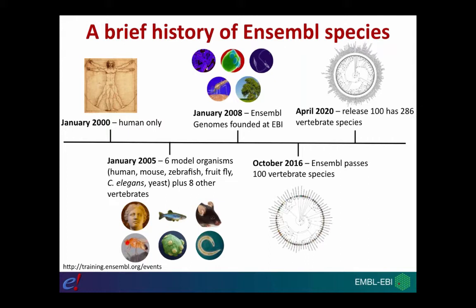So you can see over these 20 years how the number of species in Ensembl in particular has been growing quite rapidly. And that's obviously a technical problem that we have to solve in terms of being able to store and present such a wide array of data for such a large number of species.